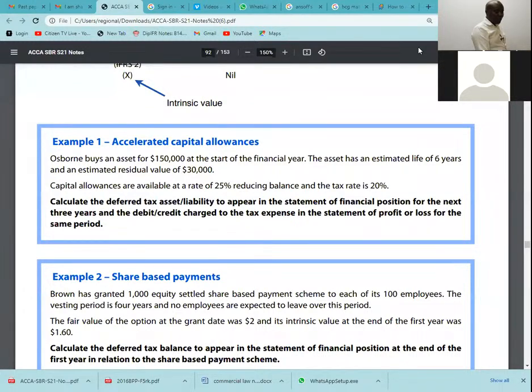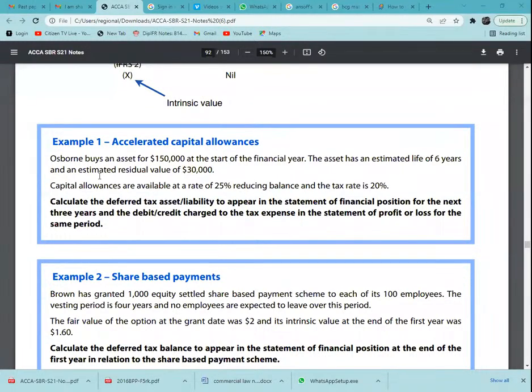We are told Osborne buys an asset for $150,000 at the start of the financial year. The asset has an estimated life of 6 years and an estimated residual value of $30,000. Capital allowances are available at the rate of 25%, reducing balance, and the tax rate is 20%.